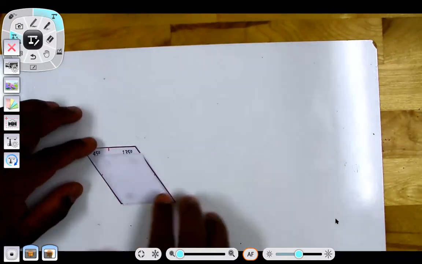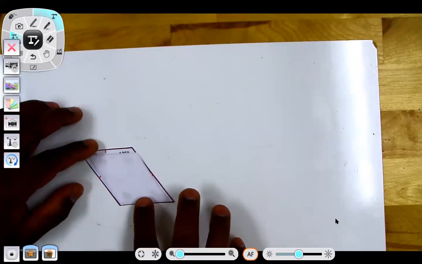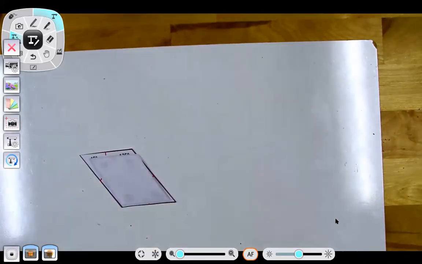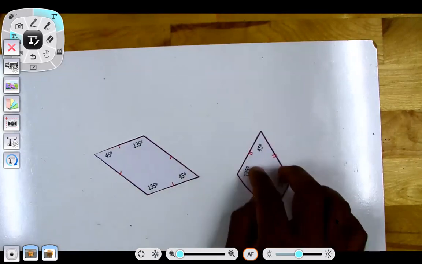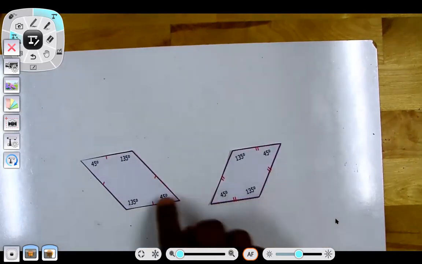It's not congruent. Even though one side aligns almost exactly the same, on the top you can see the bottom piece is bigger than the top piece, even though the angles are congruent, or exactly the same.